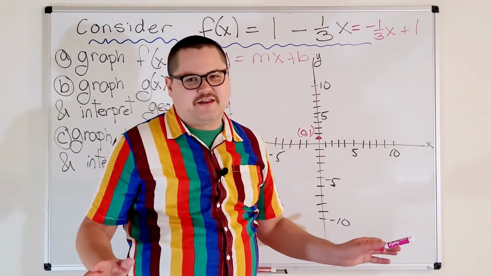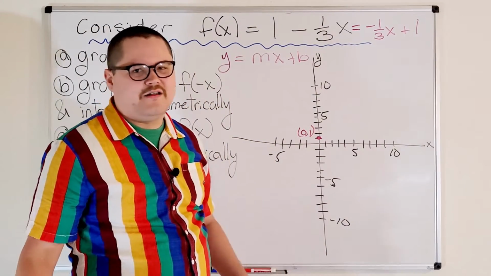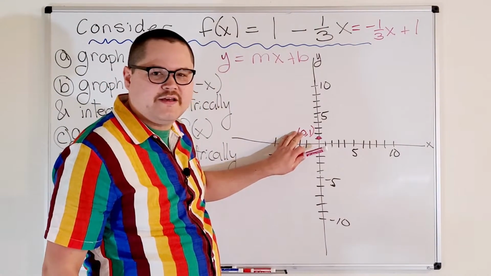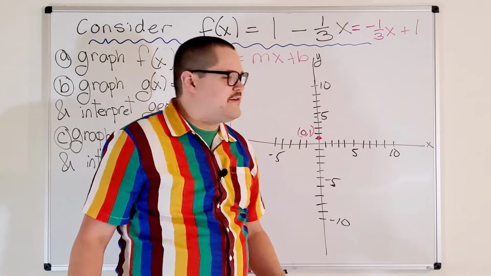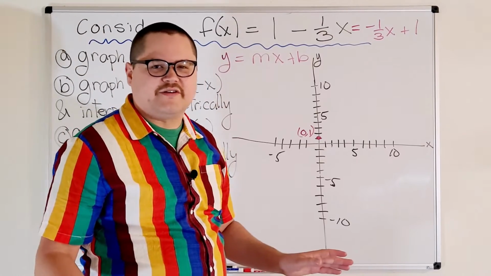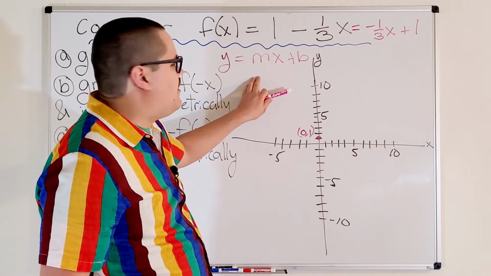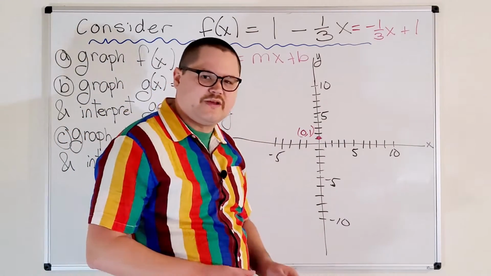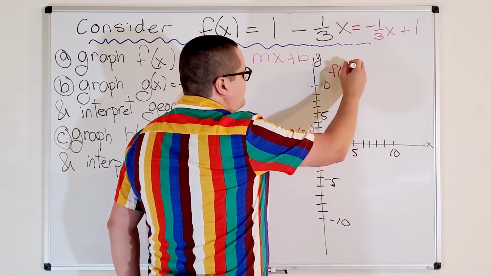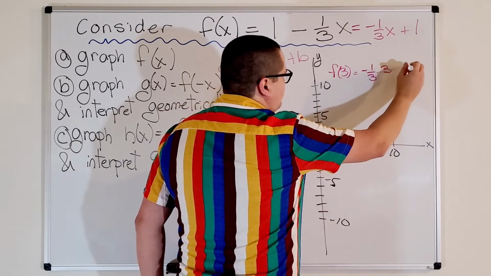But I don't like dealing with fractions, and I'm sure you don't either. So to make this a little easier on us, we're going to think up another integer point, meaning a point with integer values, which is also on this graph. And after some careful consideration, we might come to the idea of substituting x equals 3. So if I plug 3 in for x, I get f of 3 is negative 1/3 times 3 plus 1.